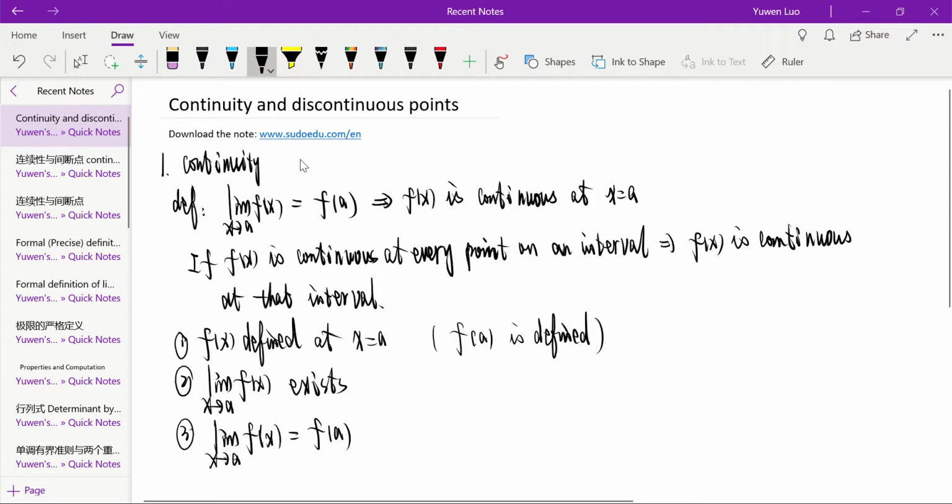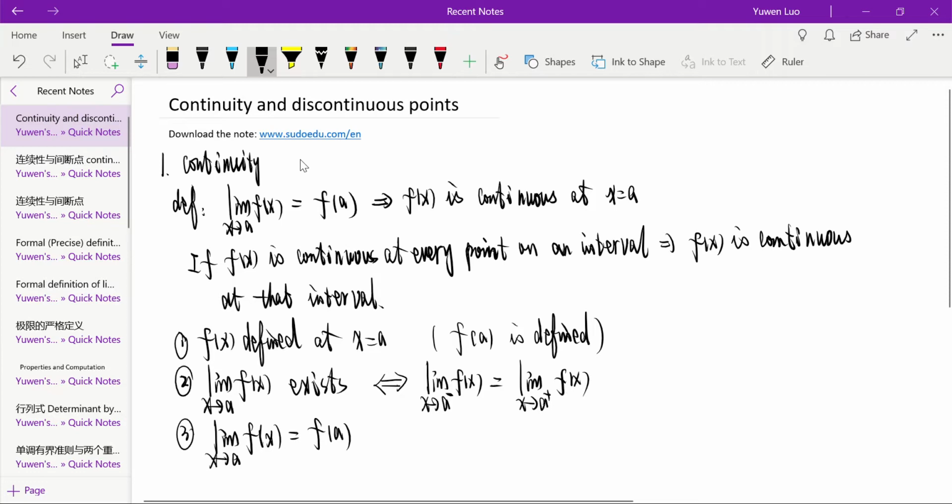By the theorem of existence of the limit, the limit exists if and only if the left limit and the right limit are equal. The left-hand limit equals the right-hand limit.